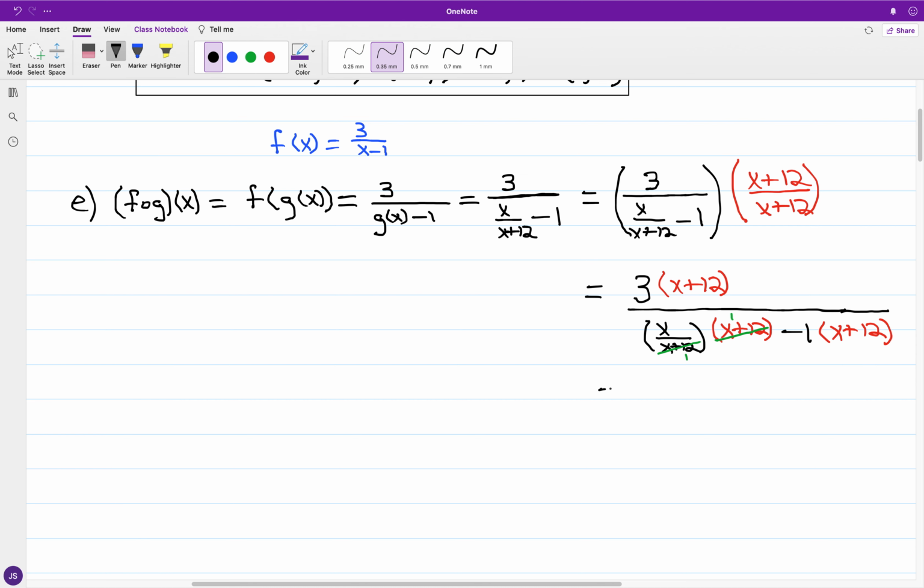So for what we have at this stage, we have 3 times the quantity of x plus 12 all over x. And guess what? We have negative 1 over the quantity of x plus 12, so this would be minus x minus 12. So we have x and negative x, and those are going to cancel each other out.